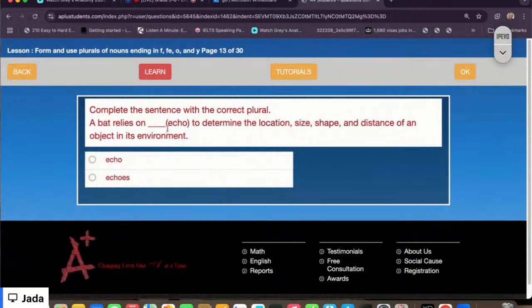A bat relies on echo to determine the location, size, shape, and distance of an object in its environment. So what is the plural of this now?